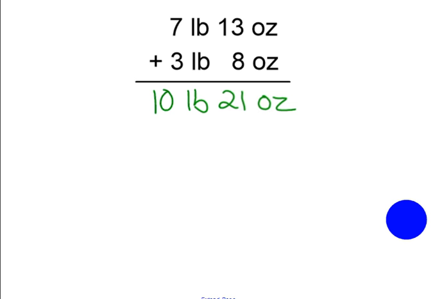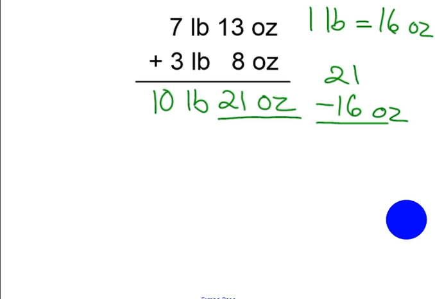And while that math is absolutely correct, of course, the first thing we're going to notice is that this number is too large to stay, because we know that 1 pound is equal to 16 ounces. And so since we see that 21 is more than 16, we actually have an additional pound there. So we're going to take our 21 ounces, we're going to subtract 16 ounces, and not really subtract, that's not really the right term, but we're going to take these 16 ounces and turn it into an extra pound here.